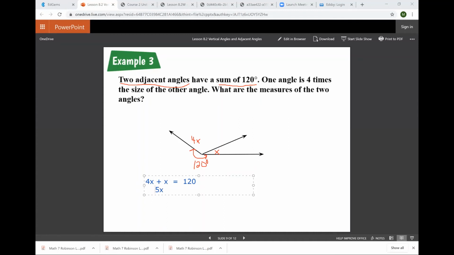So now I got 5x equals 120. Now I'm at a one-step equation. When you see a number next to a variable, you know that's multiplication. So the opposite of multiplication is division. So I need to divide each side by 5.